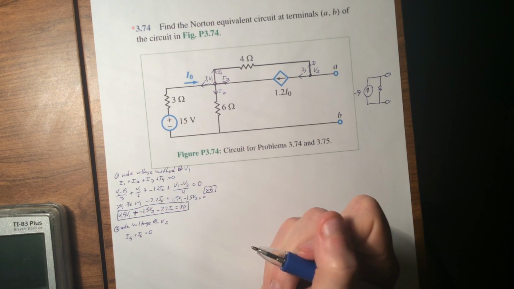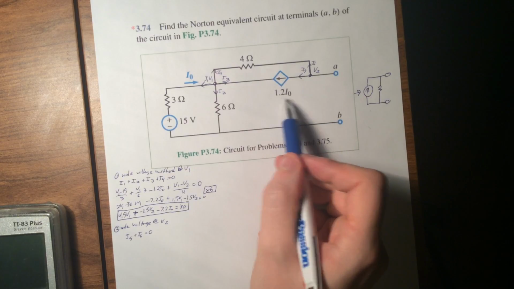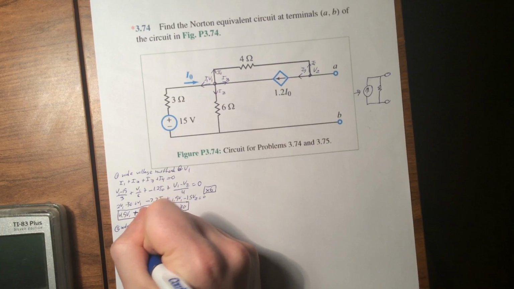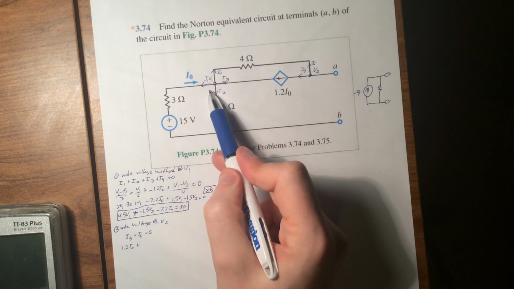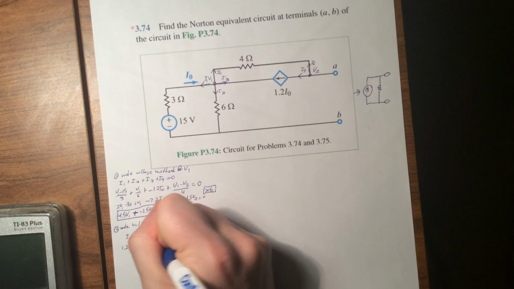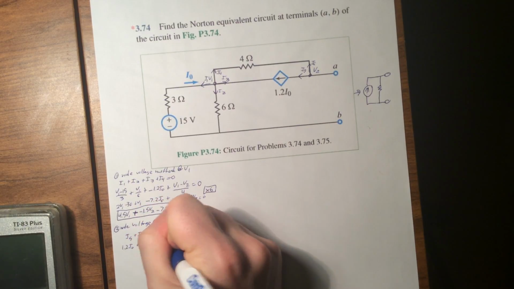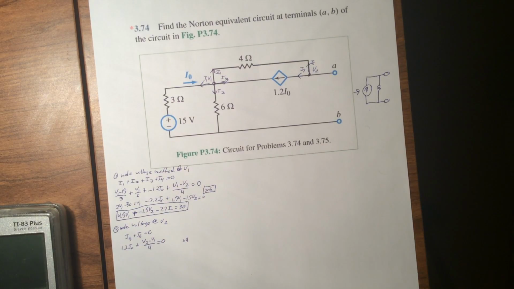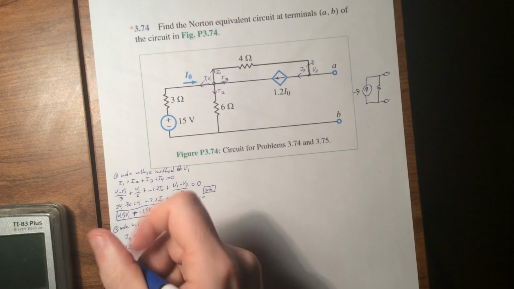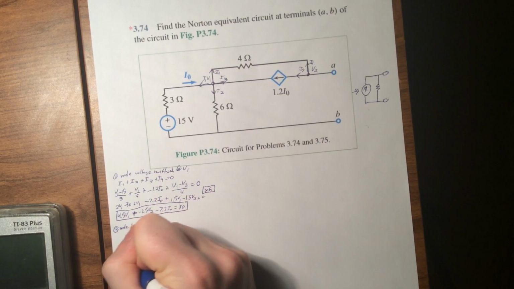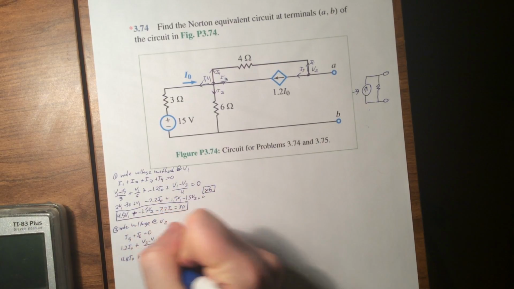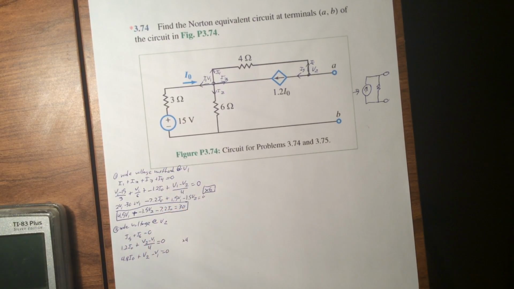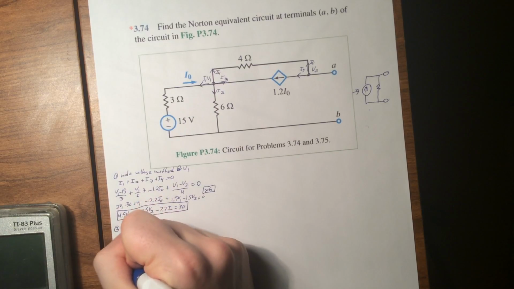That's going to be 1.2 I0 plus V2 minus V1 over 4 equals 0. We multiply by 4, so 4 times 1.2 is 4.8. So 4.8 I0 plus V2 minus V1 equals 0. That looks good too. So that's our second equation.